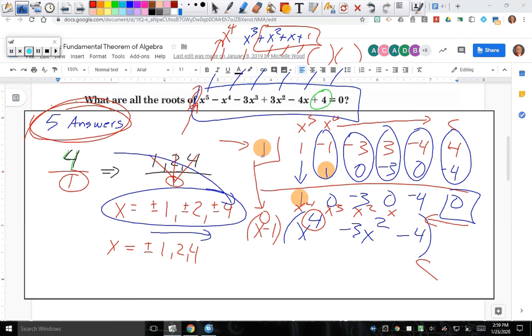So even though one works, is there going to be a time or a problem where we're going to have both 1 work and 2 or negative 2 work? Yeah. So listen, you have a choice. Be honest. When you are told to factor, does rational root theorem first appear in your head?